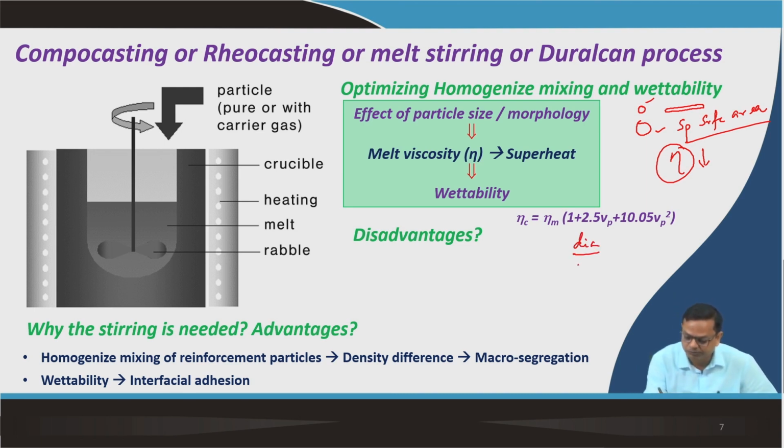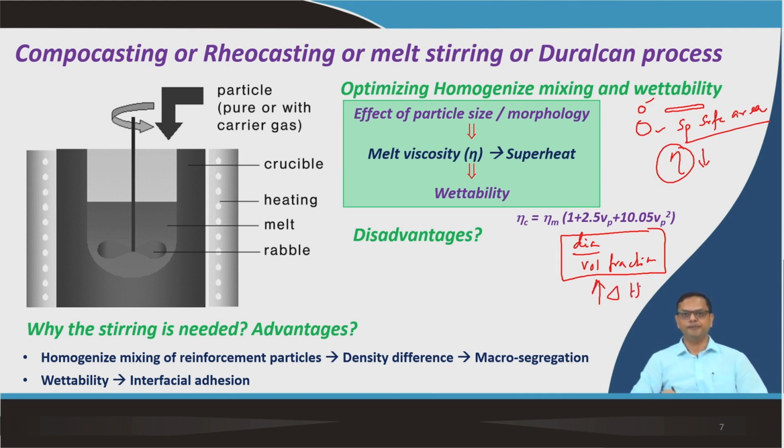Also, we have to take care of the volume fraction, how much we are adding. These two are the primary factors which affect the viscosity, and we can increase the viscosity by adding superheat. That is how we can control the wettability. Ultimately it has to be optimized.